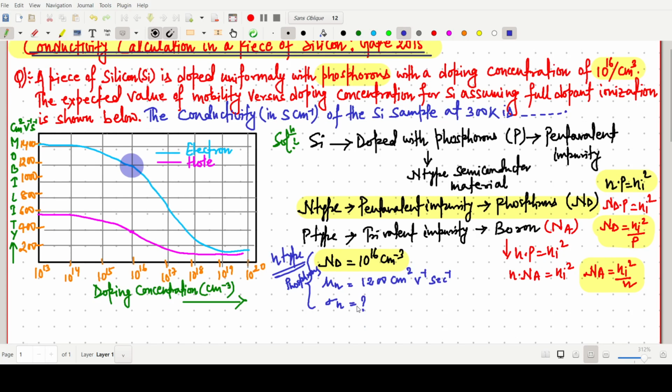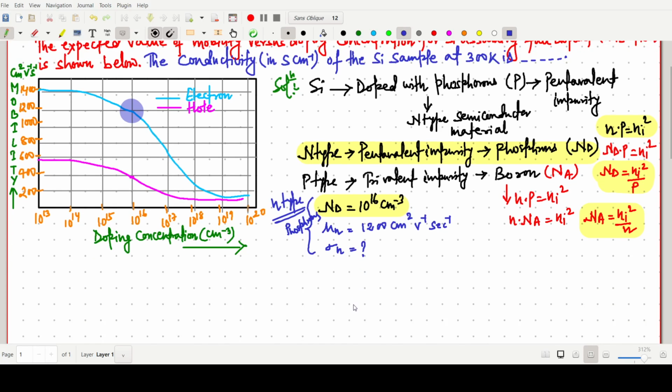Now we have to know the general expression for the conductivity in a semiconductor. The conductivity in a semiconductor, whether intrinsic or extrinsic, is nothing but simply n q mu n plus p q mu p. This one is the formula, a very important formula.